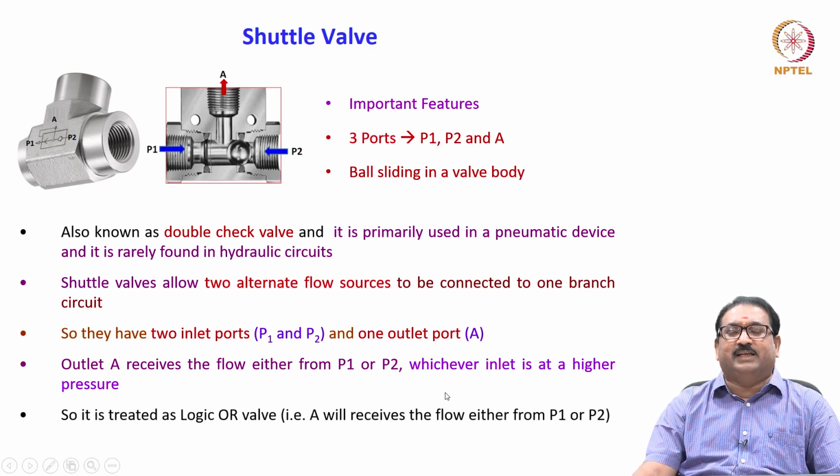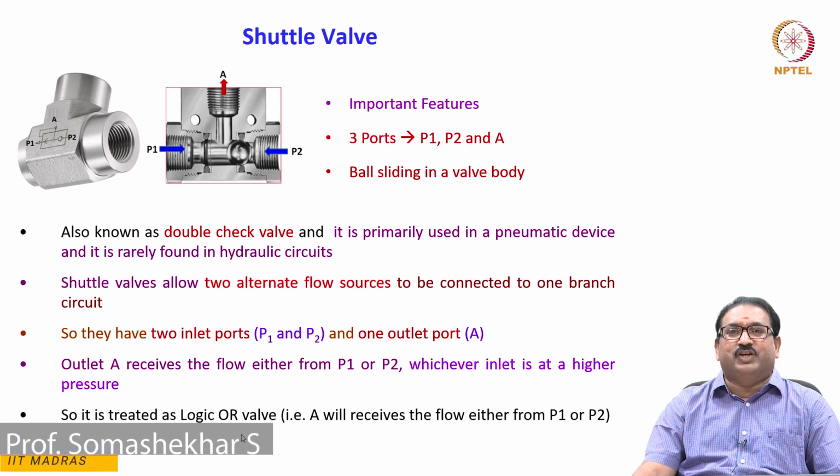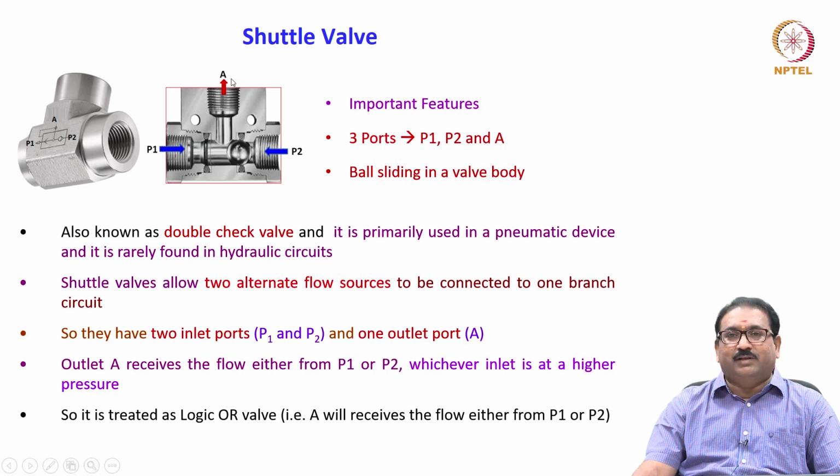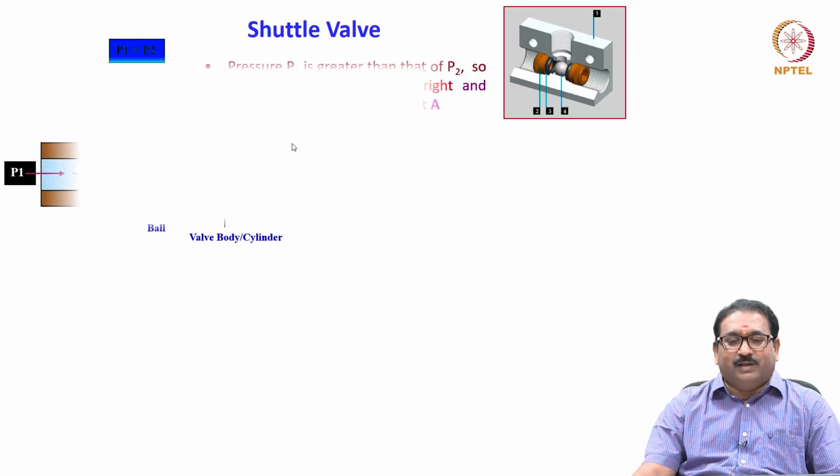So, it is treated as a logic OR valve, because its functionality is similar to a logic OR gate. A will receive the flow either from P1 or P2. This will be shown here.